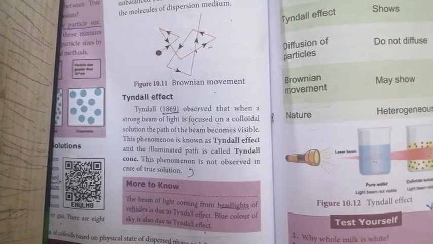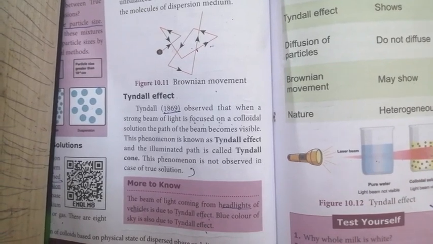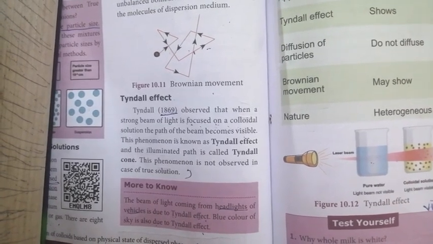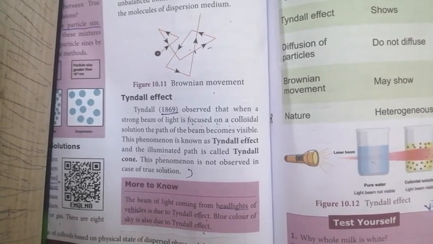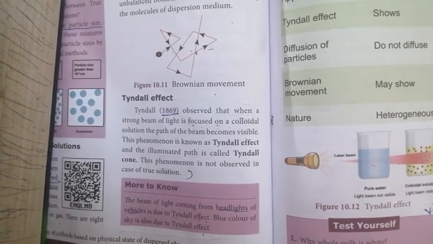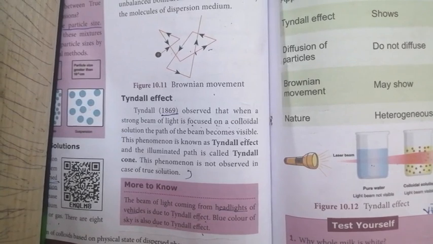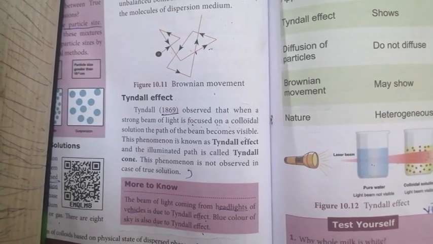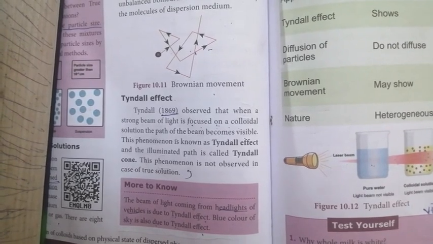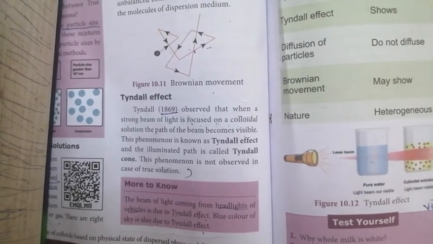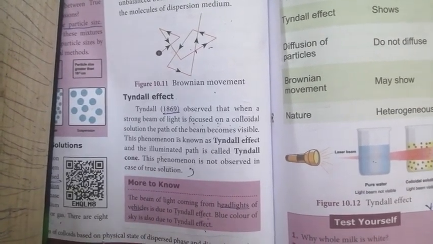One more example: when we open the room windows, the sunlight enters the room, and in the sunlight you can see the particles moving, some going up and some coming down. This also comes under Tyndall effect.